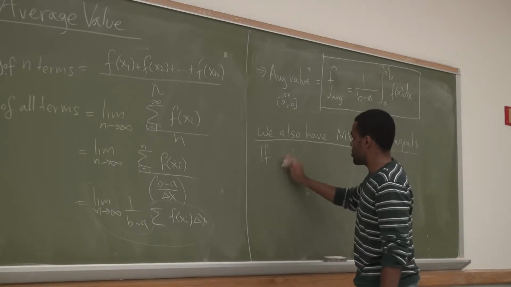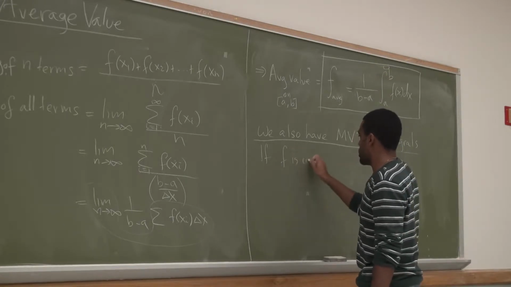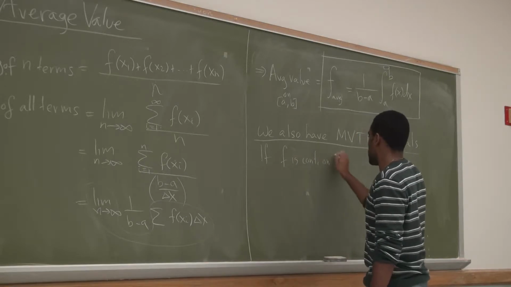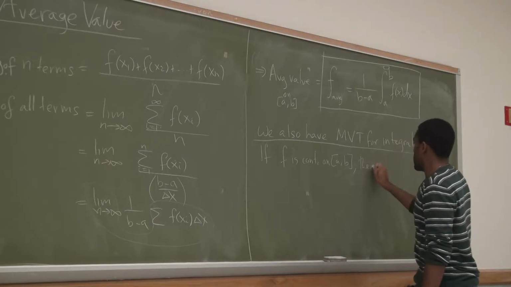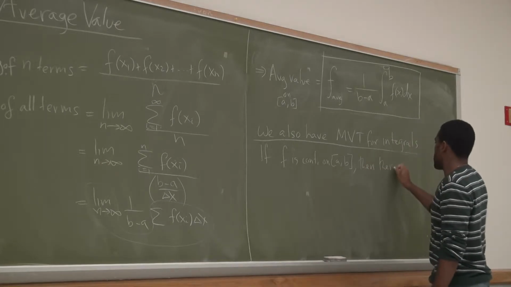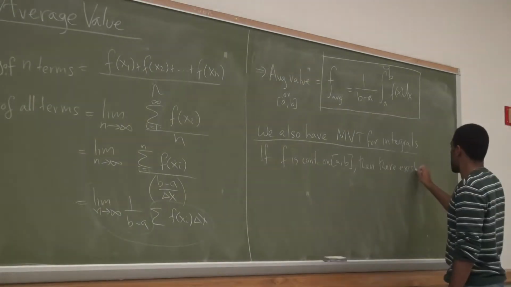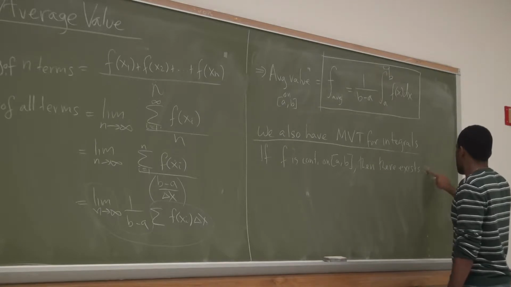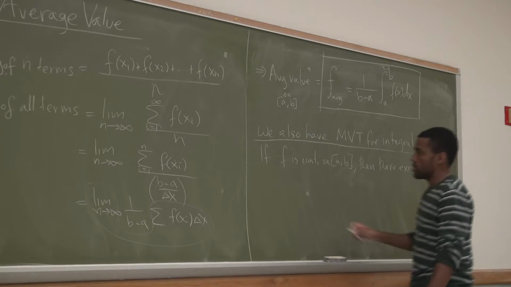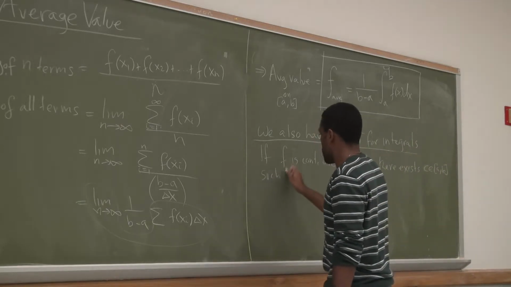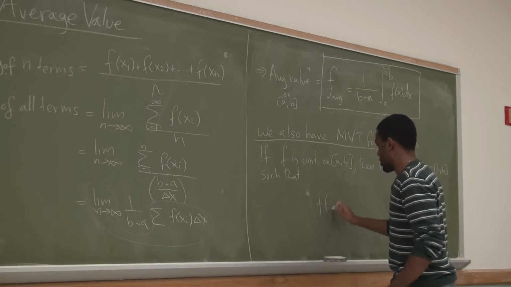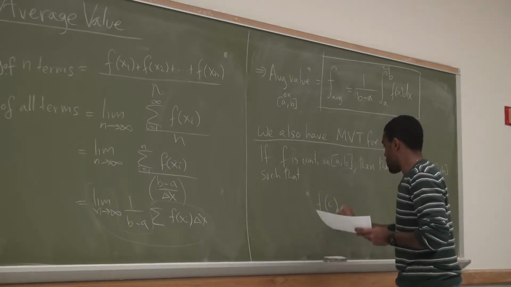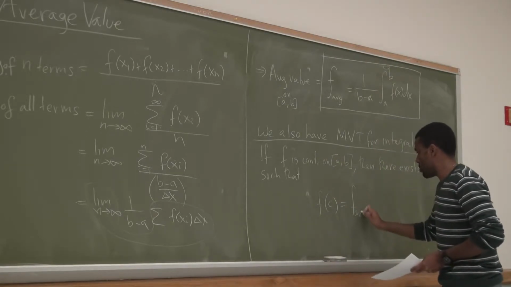If f is continuous on [a, b], then there exists c in [a, b] such that f of c is equal to the average value.